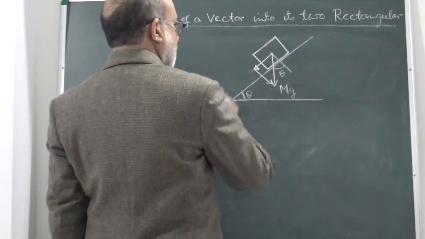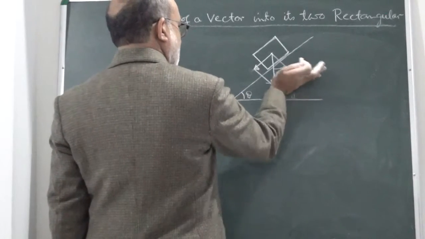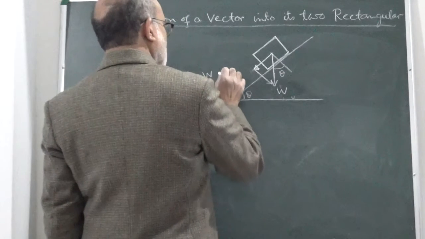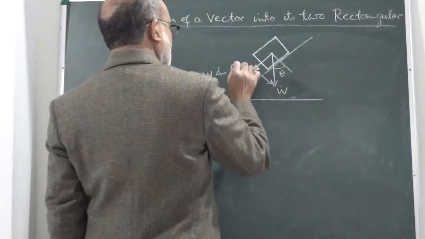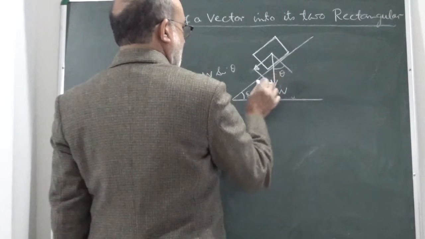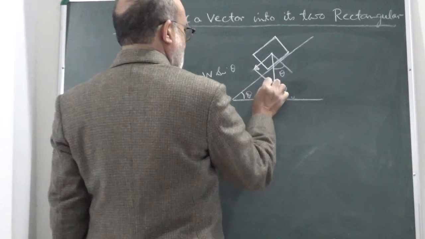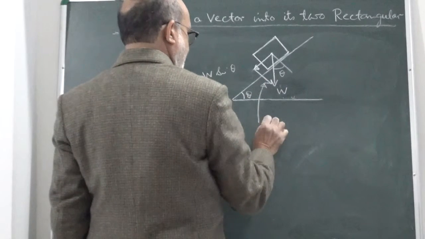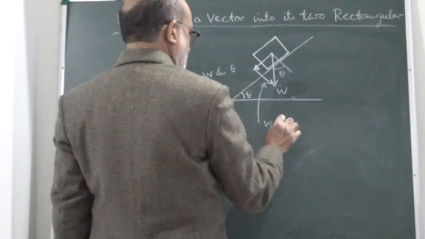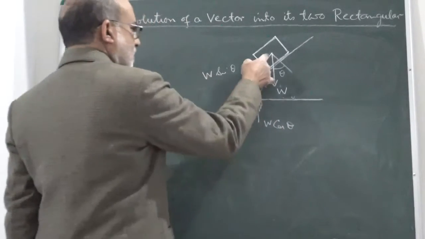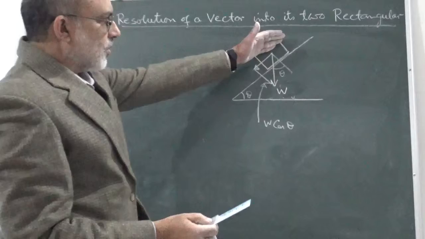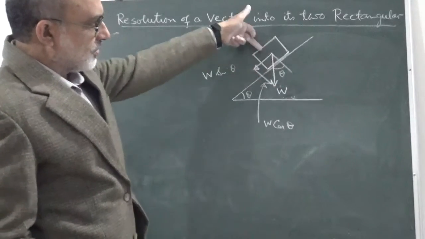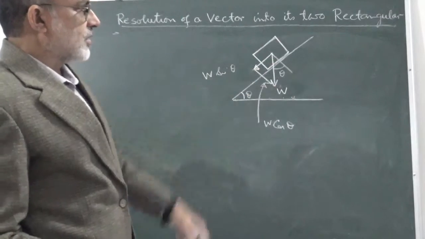So this component, instead of mg I am writing w, will be w sine theta, and this component will be w cos theta. The w sine theta is responsible for the motion of the block along the table, and w cos theta just pushes the block or adds to the reaction of the block.